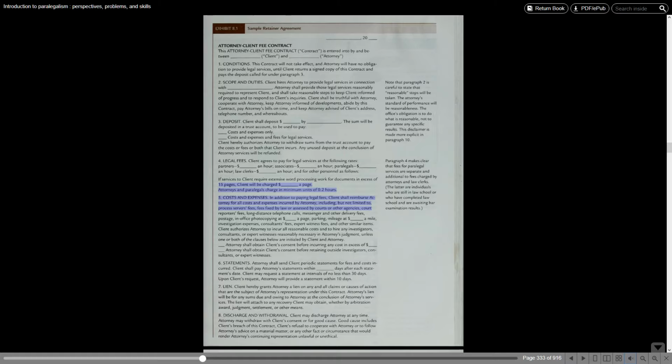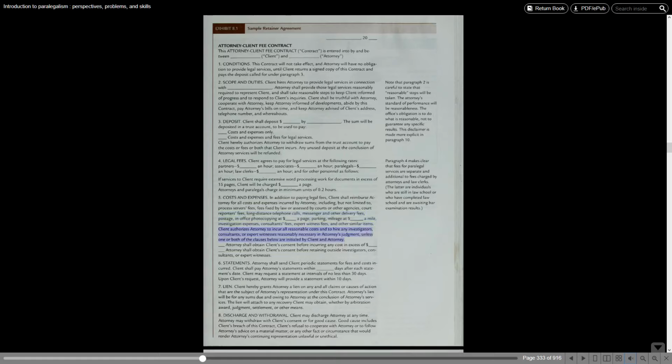5. Costs and expenses. In addition to paying legal fees, client shall reimburse attorney for all costs and expenses incurred by attorney, including, but not limited to, process servers' fees, fees fixed by law or assessed by courts or other agencies, court reporters' fees, long-distance telephone calls, messenger and other delivery fees, postage, in-office photocopying at $__ a page, parking, mileage at $__ a mile, investigation expenses, consultants' fees, expert witness fees, and other similar items.